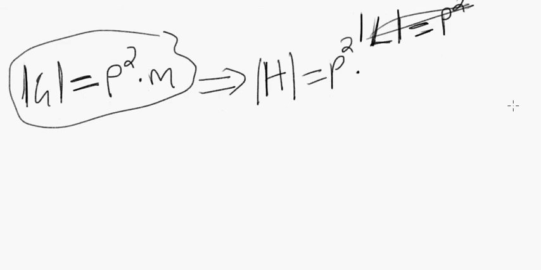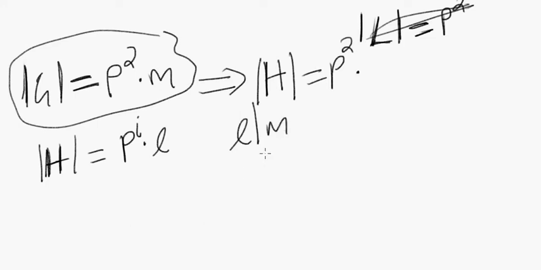Well, we know that, can we say that the possible subgroups of G have the property that their order is of the form p to some i times l, where l divides m, and i is between 0 and 2.